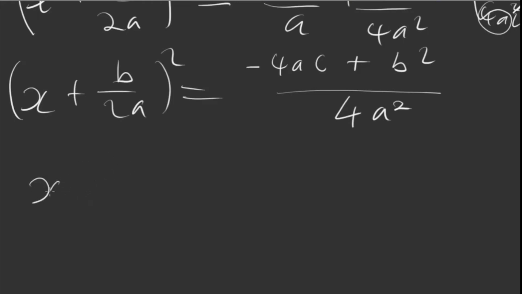Now, friends, it's time to remove the square, and then also rearrange the right hand side. So how are we going to remove this? We will introduce the square root, you see.